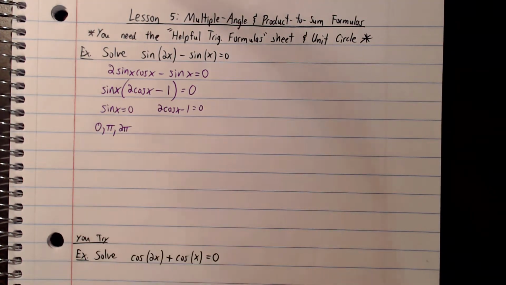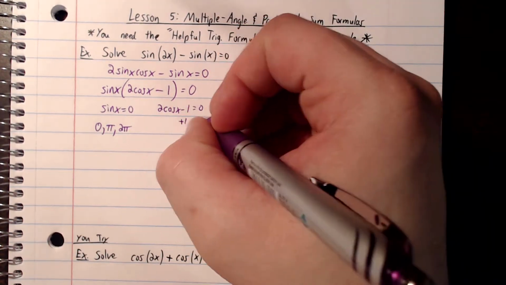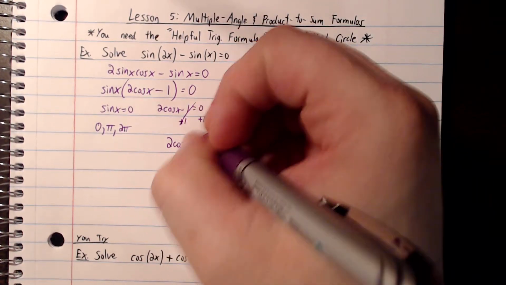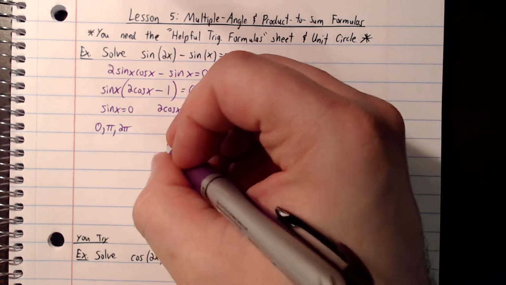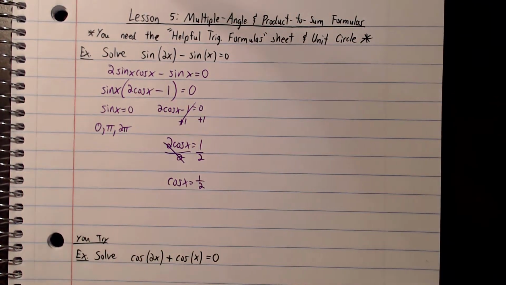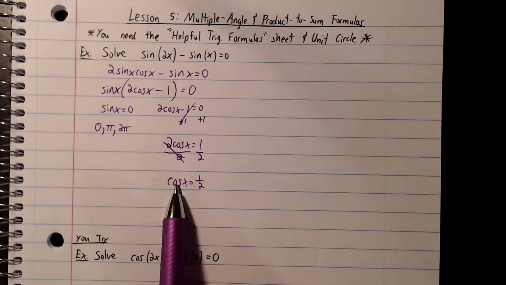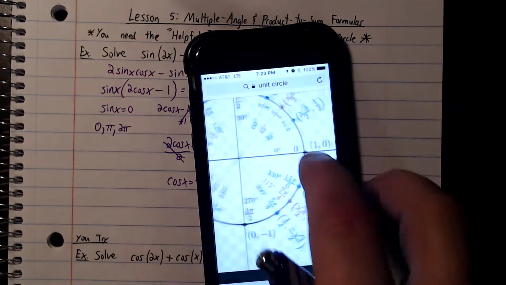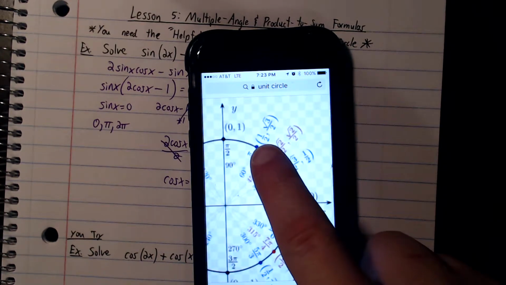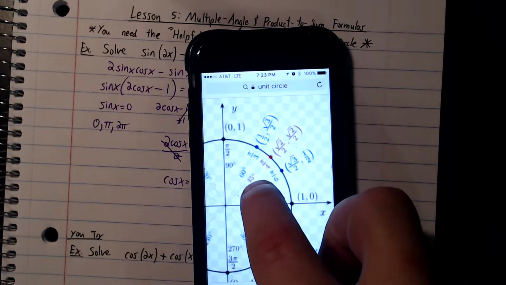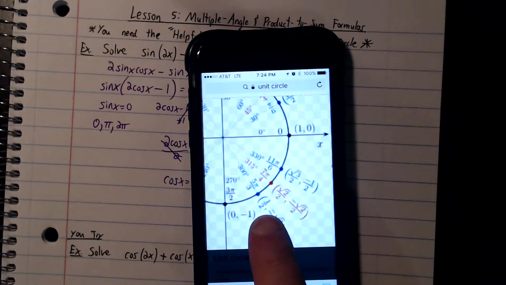This one we've got to solve for. I'm going to add 1 to both sides, then divide by 2. So now we're looking at the unit circle for where cosine is 1/2. Remember, cosine is x. So I see it happening up here. X is 1/2 at pi over 3, and we get x as 1/2 at 5 pi over 3.